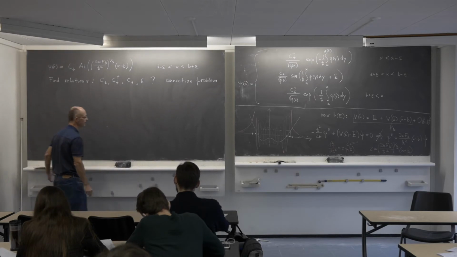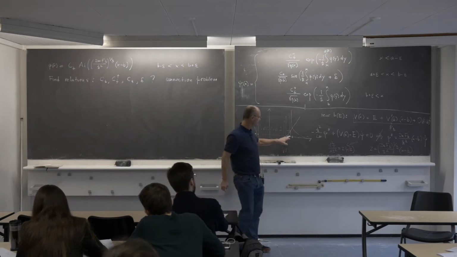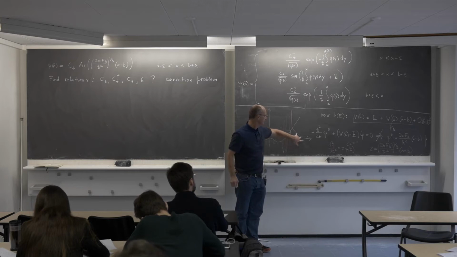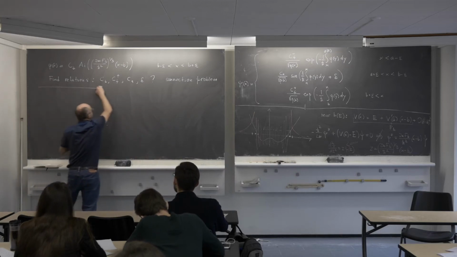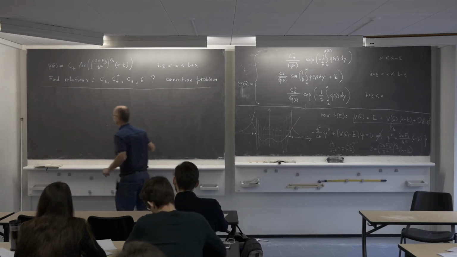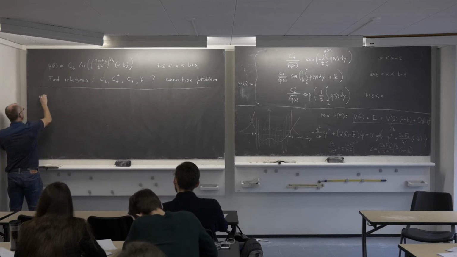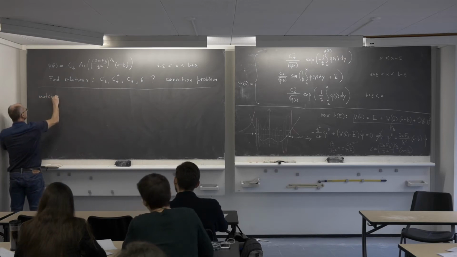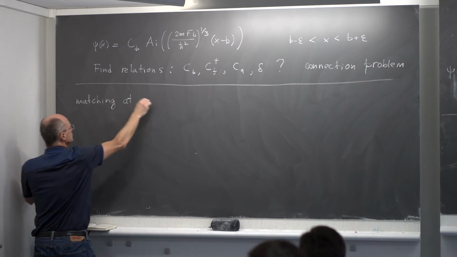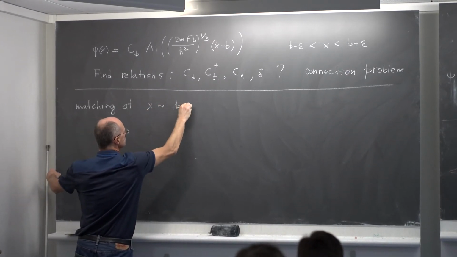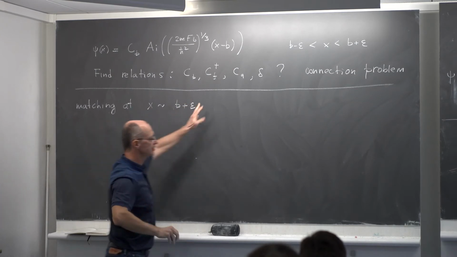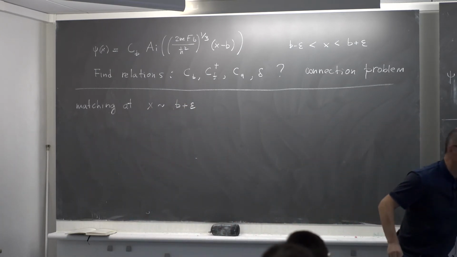For instance, let's match the asymptotics of the Airy function with the WKB asymptotics on the right. This means that we do this matching around this point.